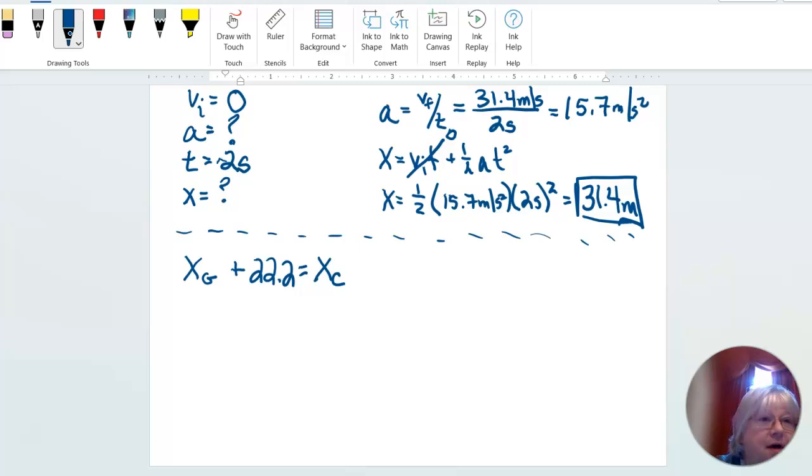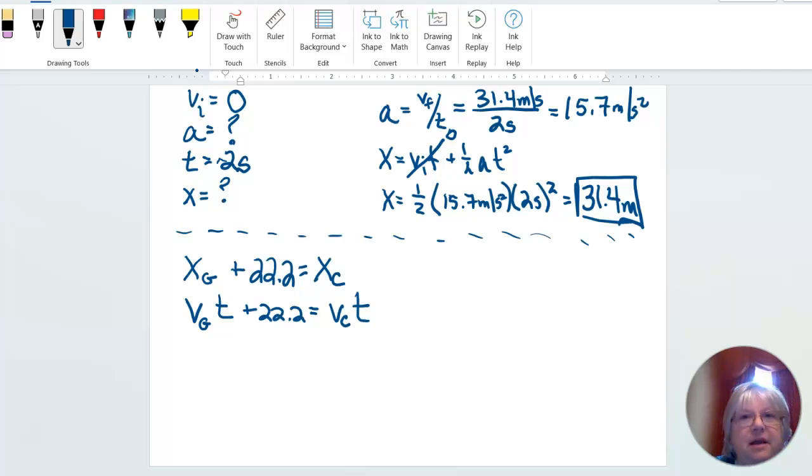Now, I don't know how far my gazelle is going to run, but I can say that it's the velocity of the gazelle times however long it runs for, plus the 22.2 meters. That's equal to the velocity of the cheetah times however long it runs for. And those two times are the same.